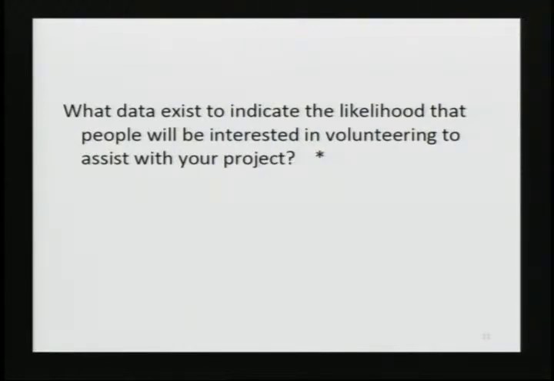What data exist to indicate the likelihood that people will be interested in volunteering to assist with your project? As the time gets closer to you starting a project, your speculation on this issue may not be enough.